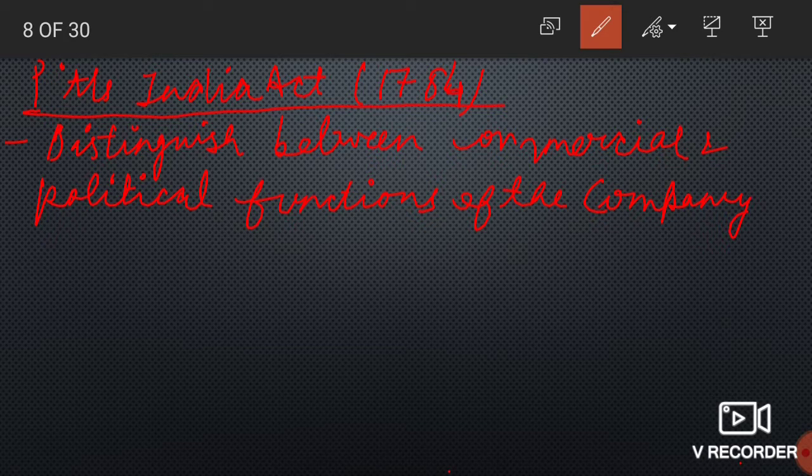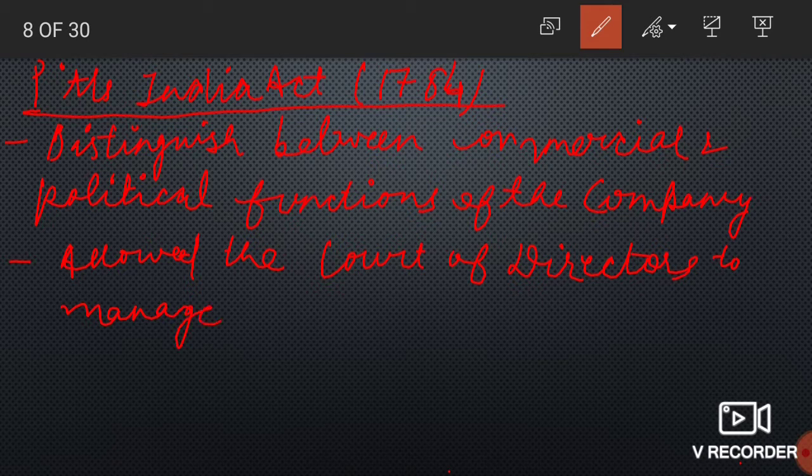This is a question: it allowed the Court of Directors to manage the commercial affairs.